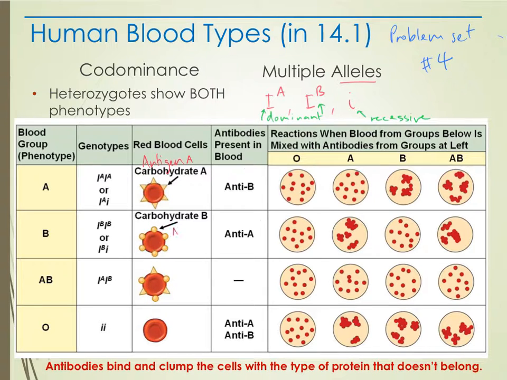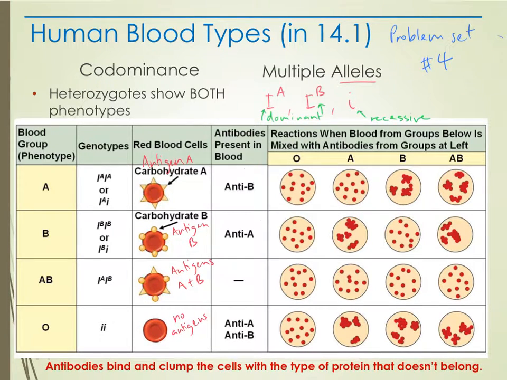If you have blood type B, you have antigen B. An antigen is a surface protein, or surface carbohydrate rather, that's expressed on the surface of red blood cells. So if you're AB like me, my red blood cells have both A and B. If you're blood type O, there are no antigens.